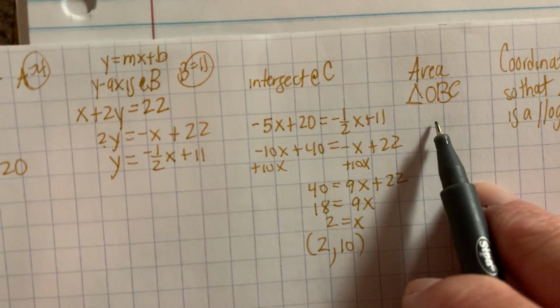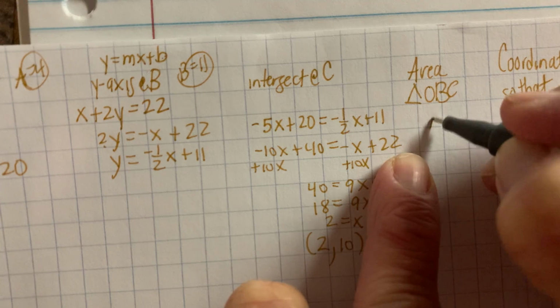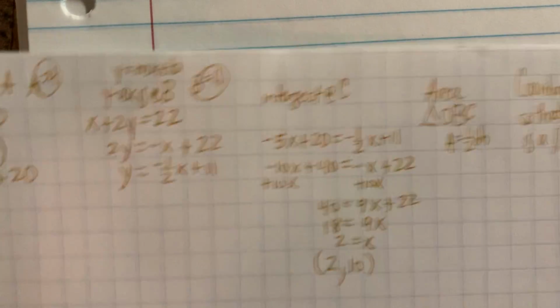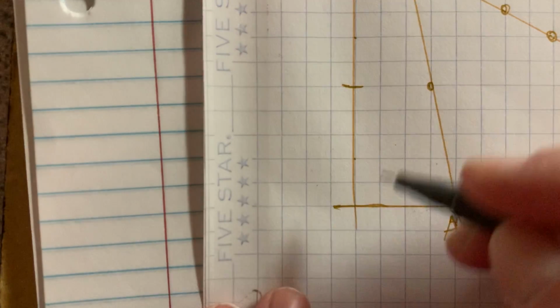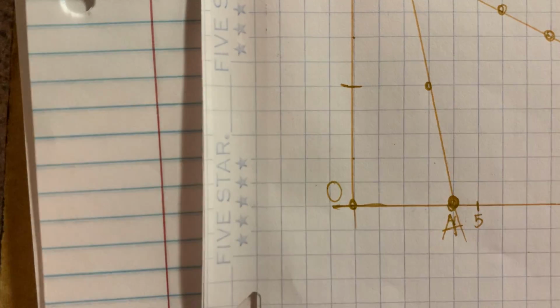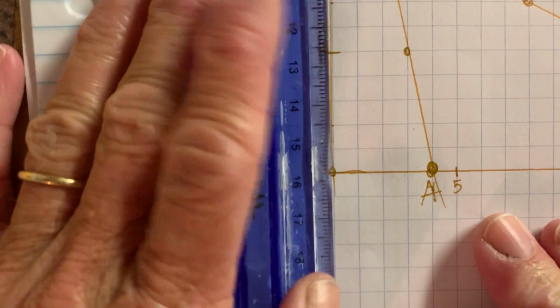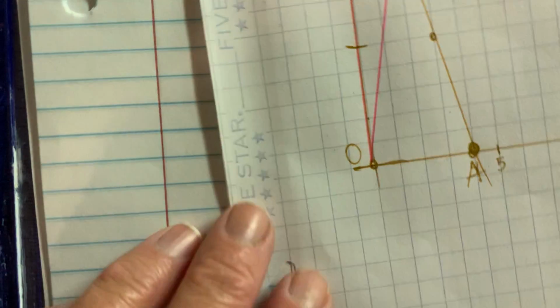After that, they ask us to find the area of triangle OBC, and we can use area equals half of its base times its height. O is the origin. Here's O. Let me change colors. So we have this triangle OBC here, and we want to find its area.